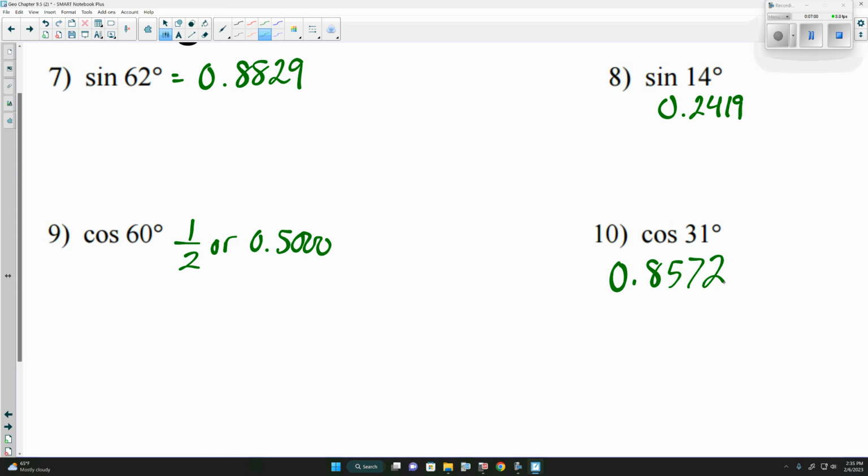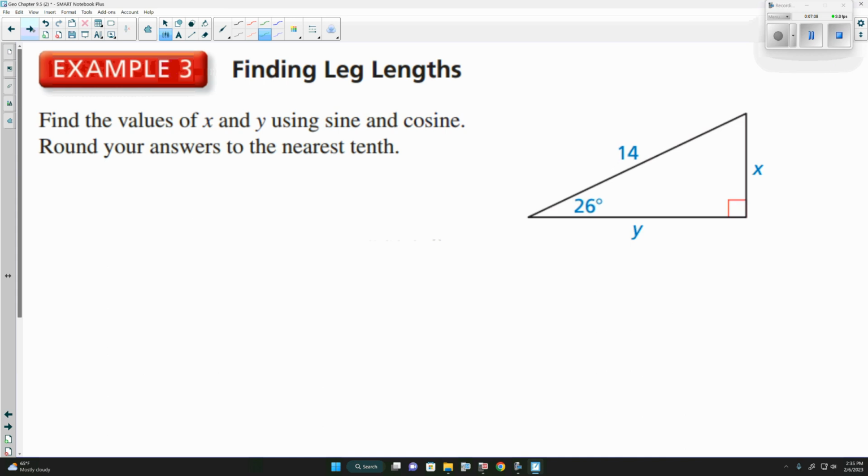Questions on this so far? We good with this here so far? Yes? Now, we can use this to actually evaluate for sides, side lengths. Because we're given 26 degrees here, and we want to find x and y. Now, sine of 26 degrees.